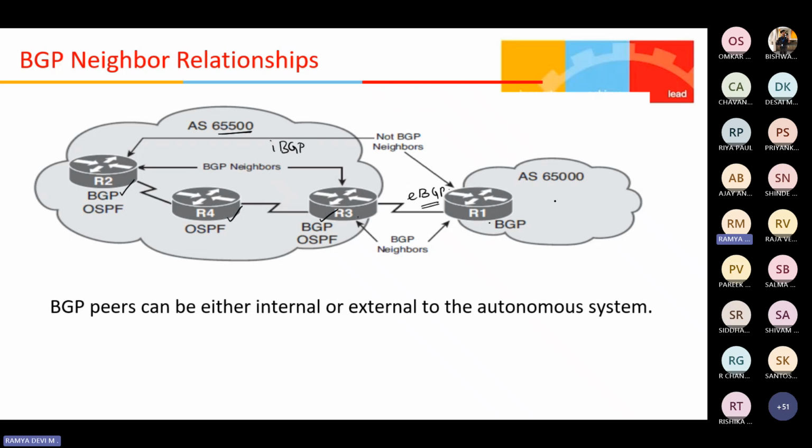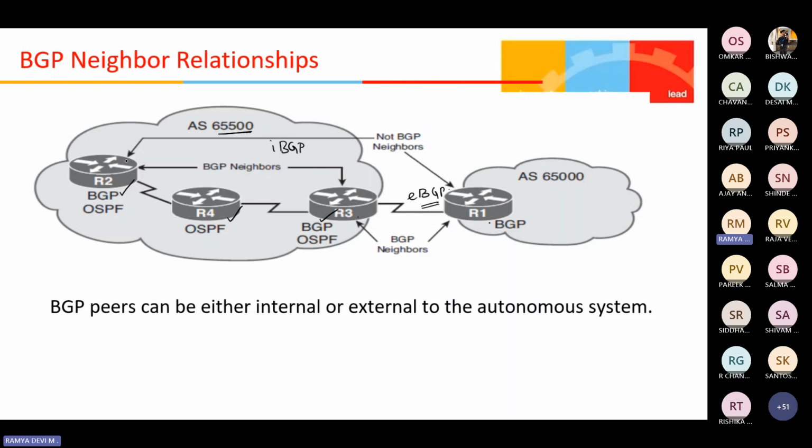65500 and 65000, these two autonomous systems. A system in this autonomous system wants to share some information with a system in that autonomous system. That can be done with EBGP, with the help of routers R3 and R1. R2 and R1 are not directly connected.